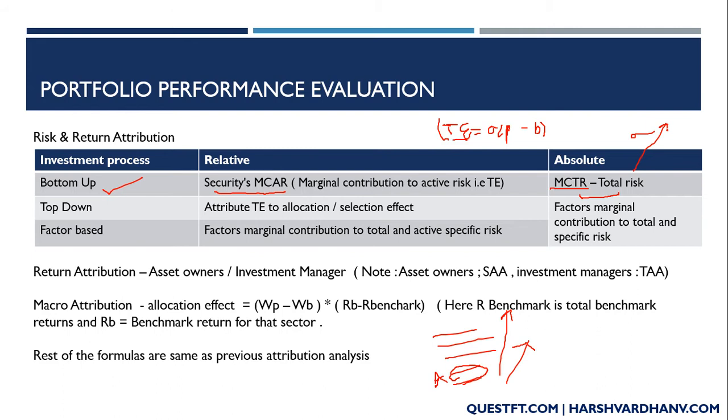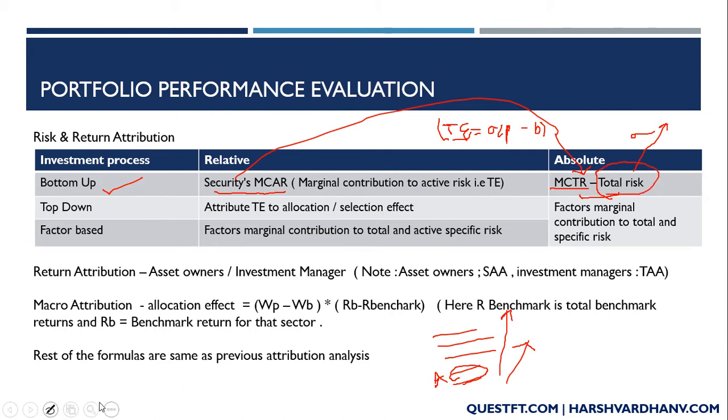Because now you're doing absolute basis, so you don't need a tracking error. Because when you're doing it against a benchmark, you need a tracking error. But now you're doing it only against the portfolio. So the security over here is marginal contribution to the total risk.